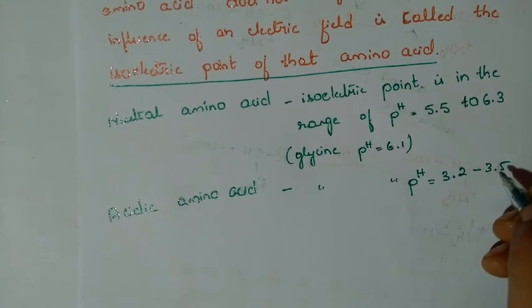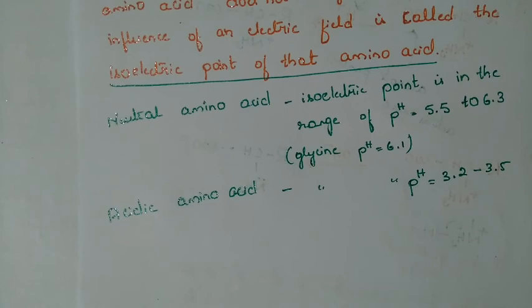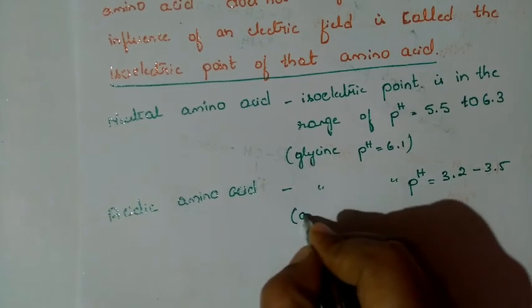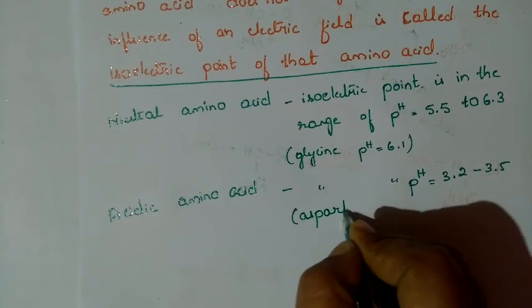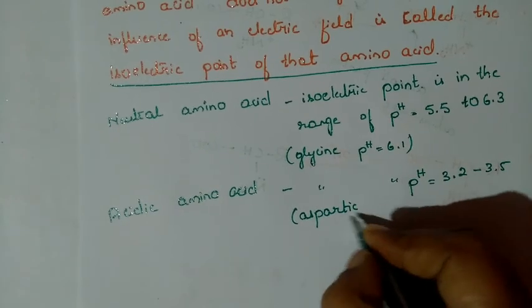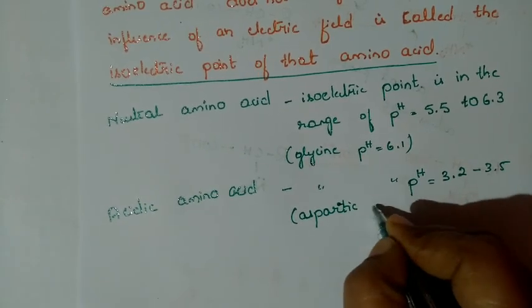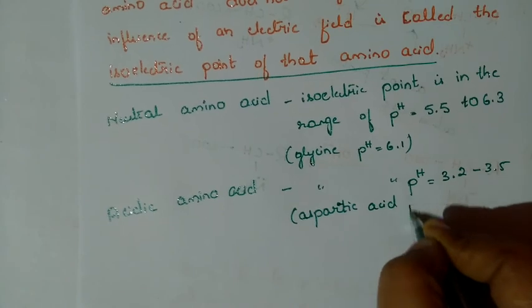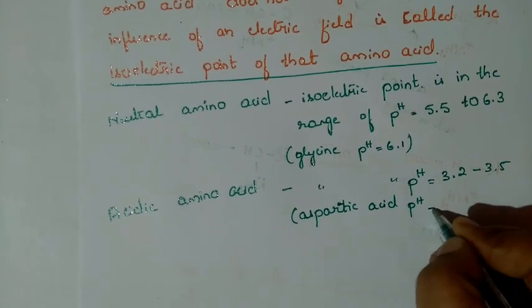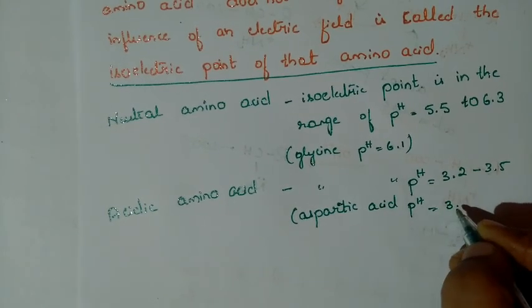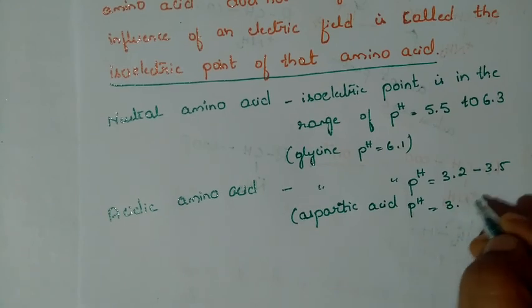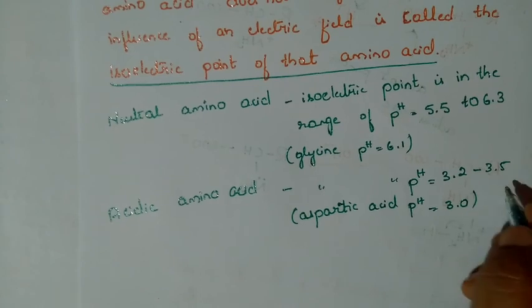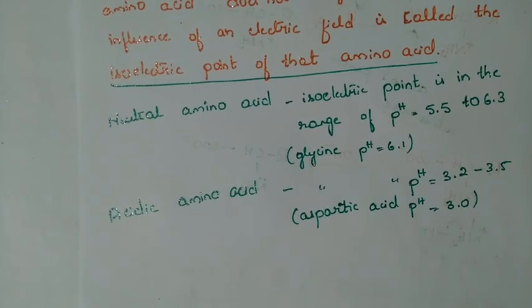An example, if considered, is aspartic acid, where the pH is about 3, with a slight variation you can observe.